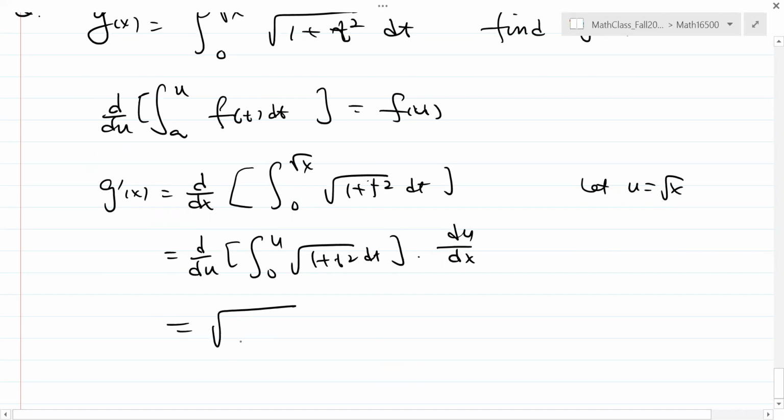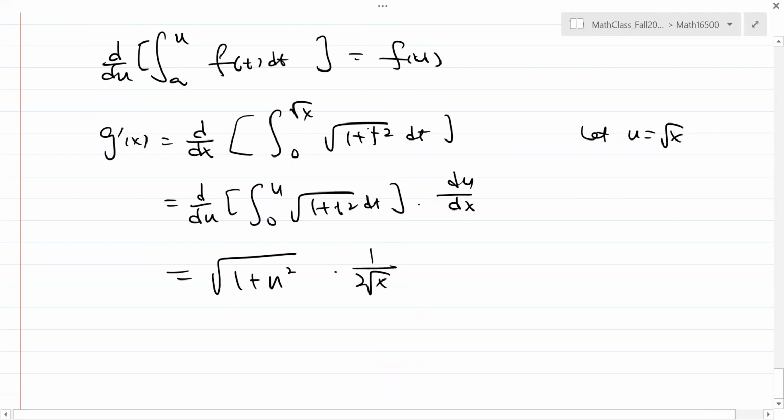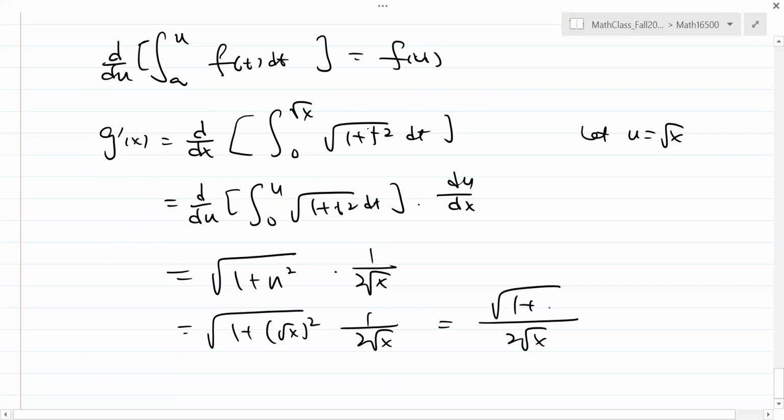So this can be 1 plus u squared, and du over dx is the derivative with respect to x of this. And then you replace u by square root x, then you get 1 plus x over 2 square root x.